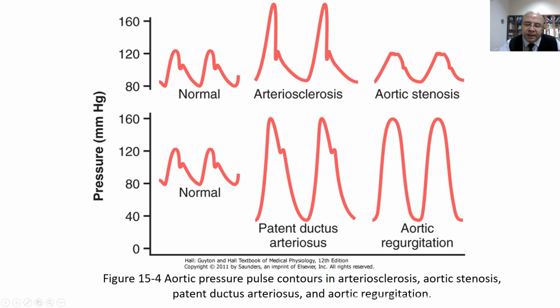So during systole, the heart has to pump both the oxygenated blood coming from the lungs to the left ventricle, and also the blood returning back from the aorta. So the volume of blood pumped each time increases in patients with aortic regurgitation. As you see, diastolic pressure is almost 0 millimeters of mercury in aortic regurgitation.